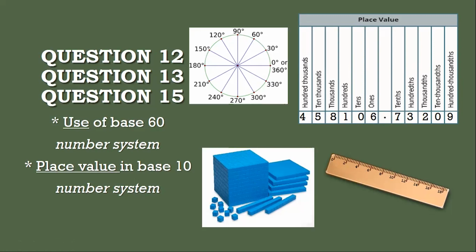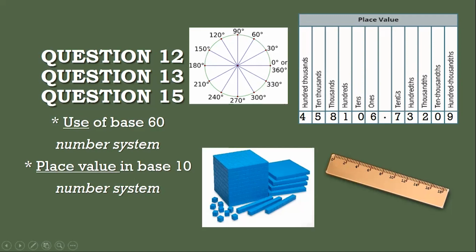So it's a place value system in the base 10. Why base 10? Because this one, ones, is 10 to the power of 0, then 10 to the power of 1, 10 to the power of 2, which means 10 times 10, that is 100, 10 to the power of 3, 10 times 10 times 10, and that is 1,000, then 10,000, which is 10 to the power of 4, then 10 to the power of 5.